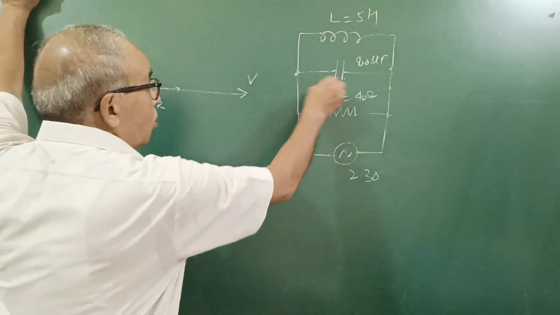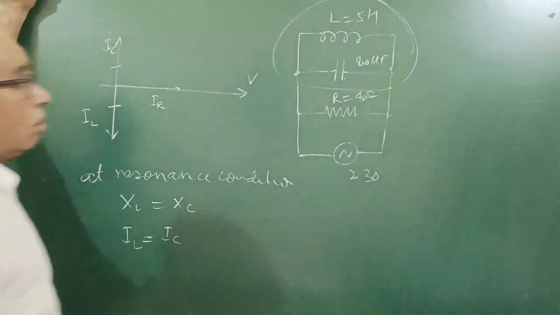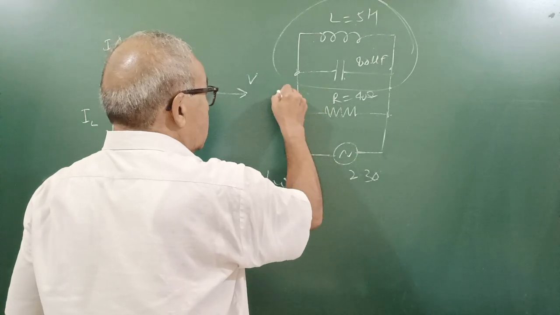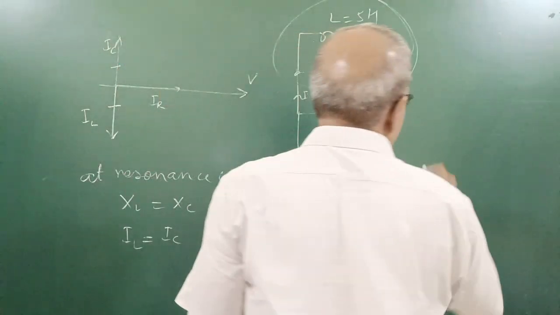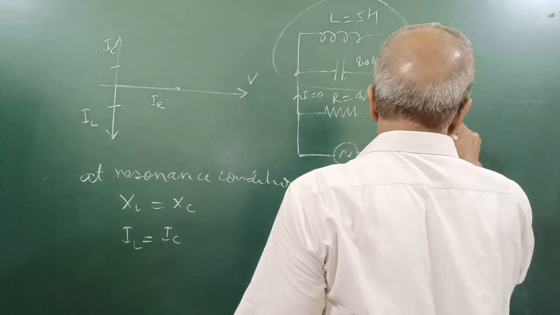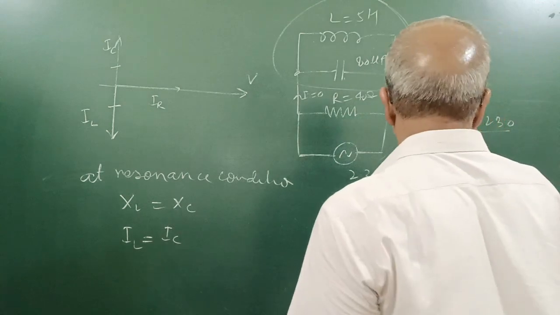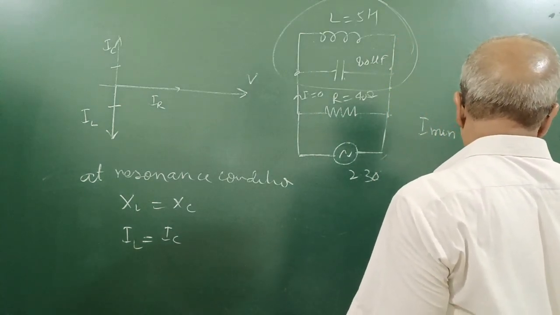So no current will be drawn by this circuit. Though it is in parallel, current may be here, but no main current will flow here. This I will be 0. So current will flow only through R, and that I minimum will be 230 upon 40, which is 5.75 ampere.